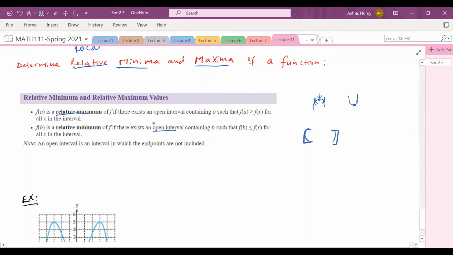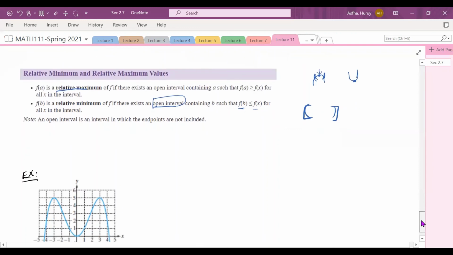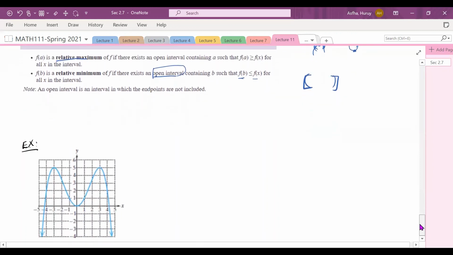So we need an open interval here, not a closed interval. If we can find an open interval such that f of b is less than or equal to f of x for all x in that open interval, then we say f of b is a local minimum.